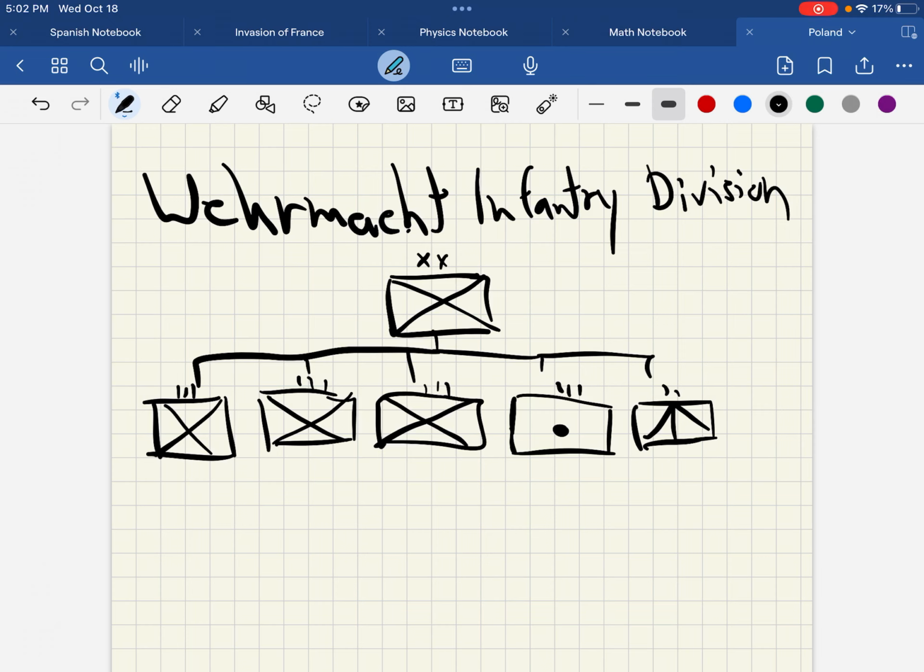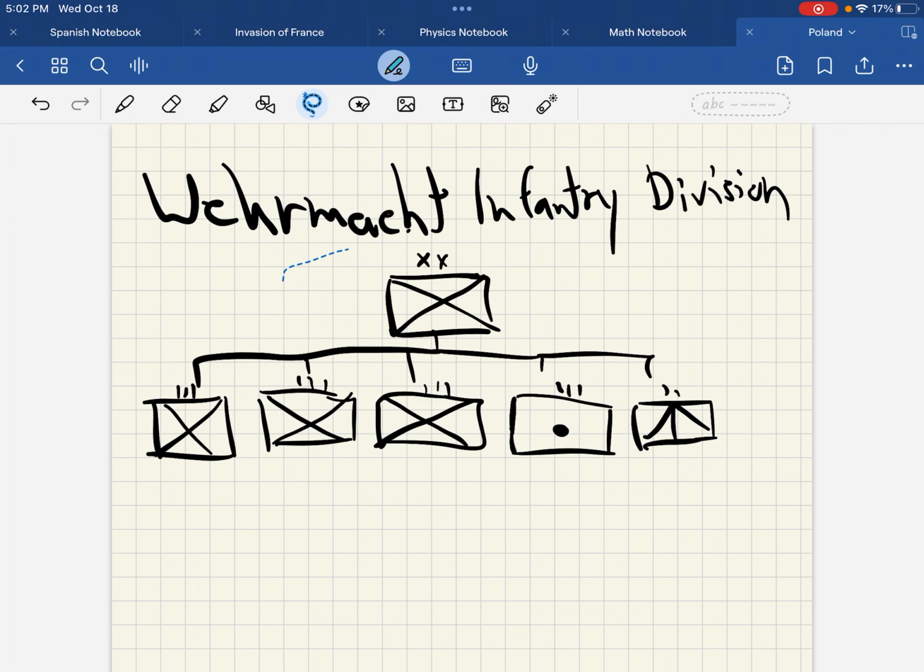This was good at fighting armies with tanks, and in the invasion of France and the invasion of Poland, while the Germans did definitely have strong tanks of their own, you would need guns. Guns were the way to take down enemy tanks, even light tanks, like the ones that the Polish army possessed.